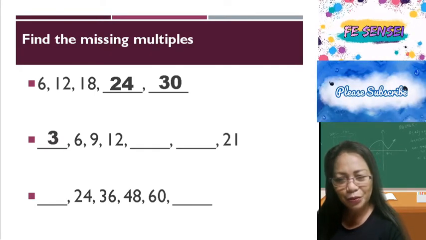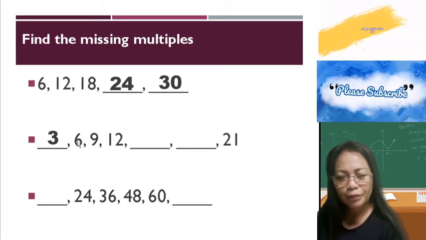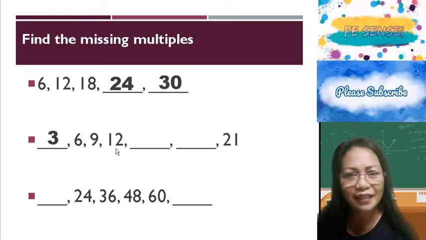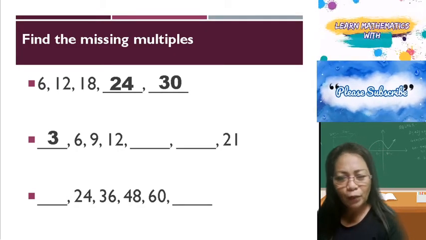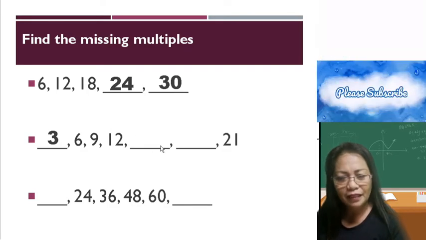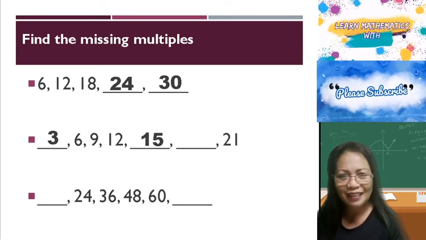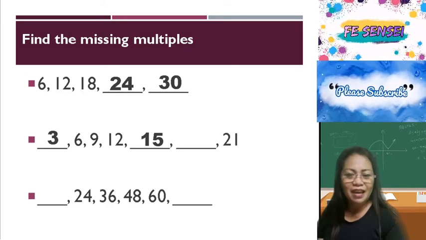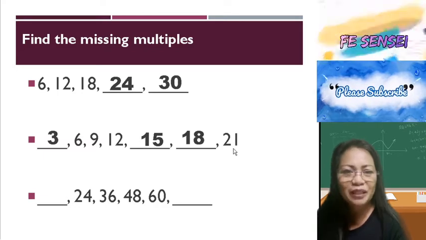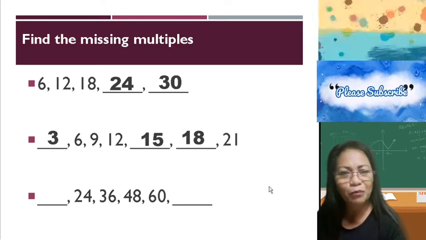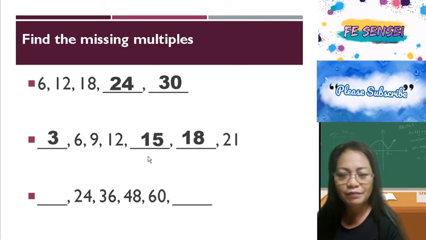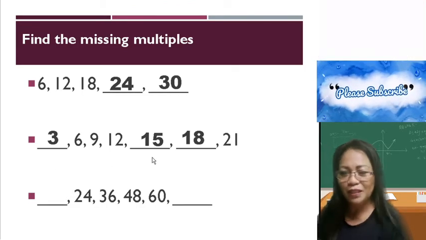So 3, 6, 9, 12. What is the next number? If we add 3 to 12, then it is 15. 15 plus 3 is 18. And 18 plus 3 is 21. Therefore, these numbers are multiples of 3. 3, 6, 9, 12, 15, 18, and 21.